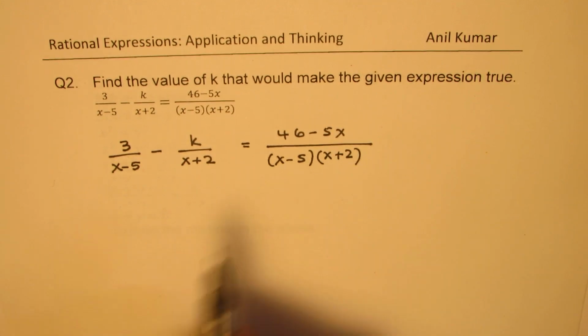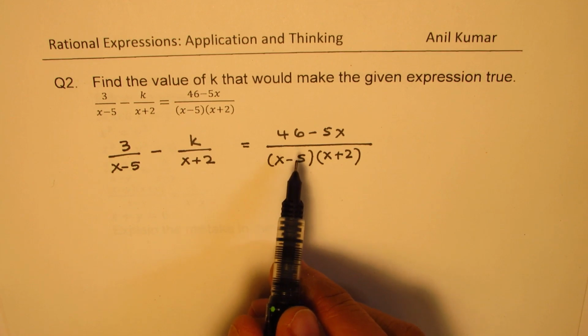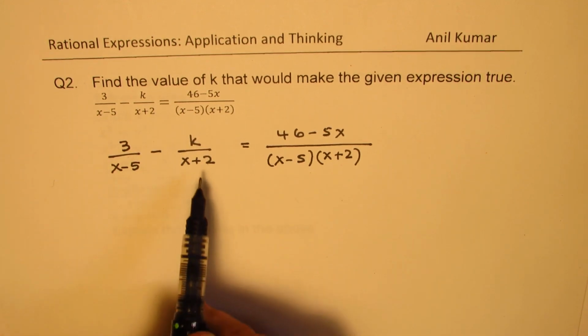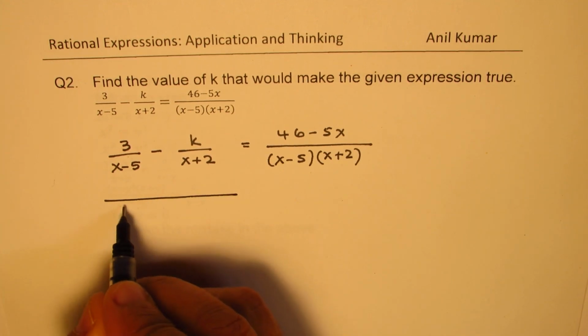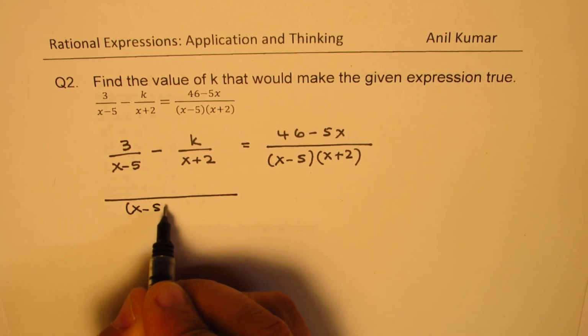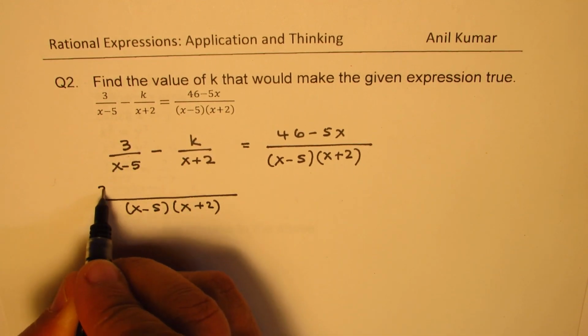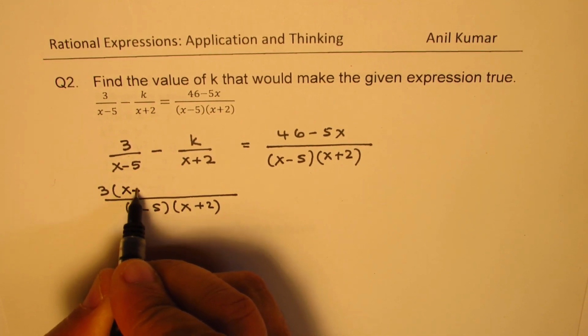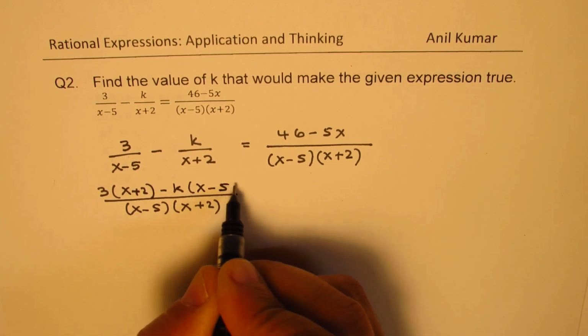Now this is a relatively simple question, but there could be a more complicated question on this concept. Now let's cross multiply the left side, so we get a common denominator of x minus 5 times x plus 2. You'll multiply 3 by x plus 2 minus k times x minus 5.